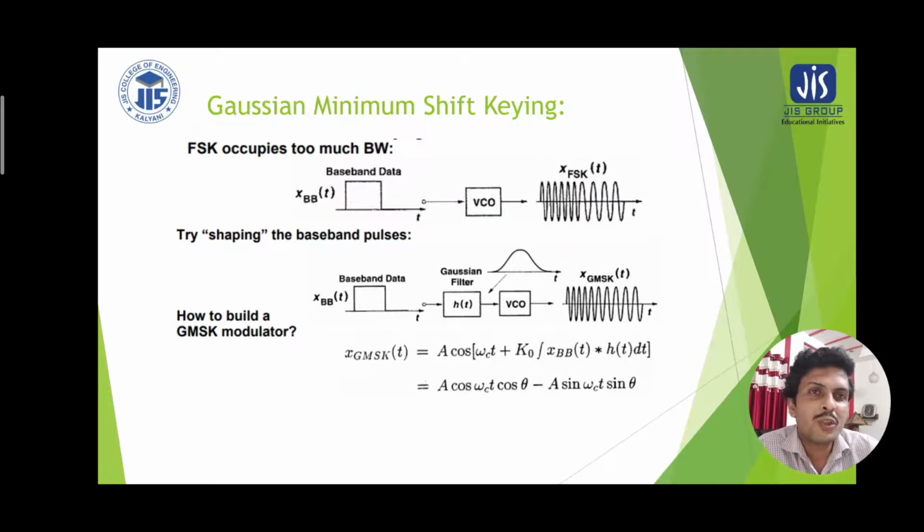So here Gaussian minimum shift keying is derived from the frequency shift keying signal. The frequency shift keying signal occupies larger bandwidth, as we have seen in frequency modulation in analog communication. Frequency modulation has multiple sidebands, and that is why the bandwidth of a frequency modulated signal is very large. But still, though the bandwidth is large, frequency modulation is always robust in nature.